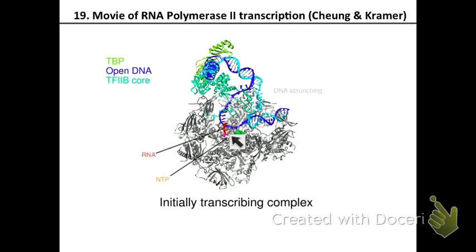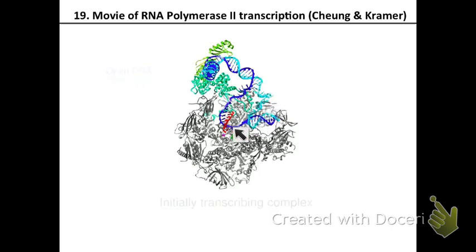The NTP is going to be added to the growing chain of RNA. At first, this complex stays bound to the promoter through this interaction with TBP, etc. It doesn't move. But as it adds more RNA, it basically scrunches the DNA out like this. So you have an initial scrunching of the DNA.